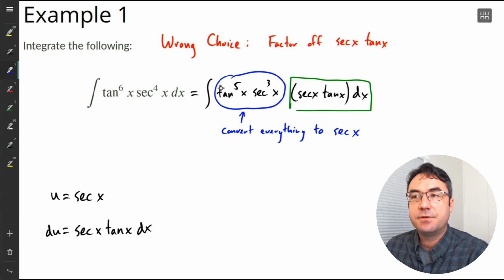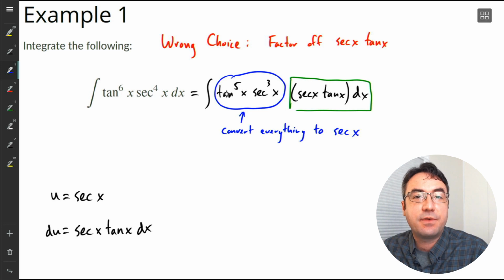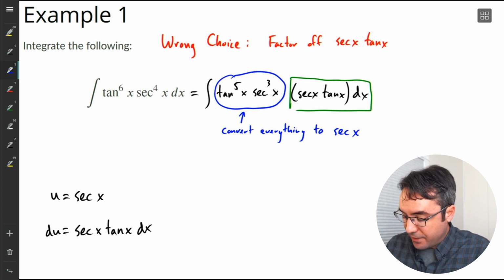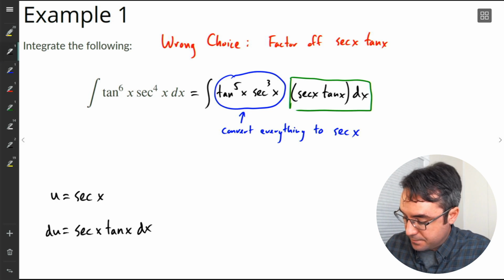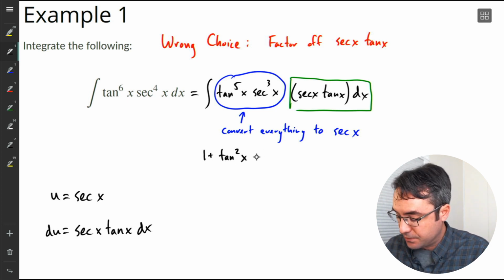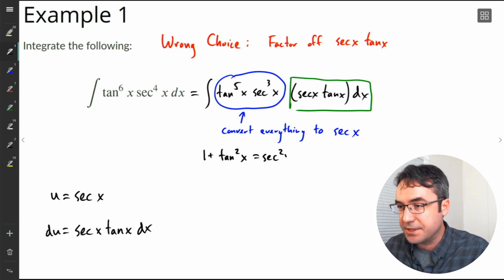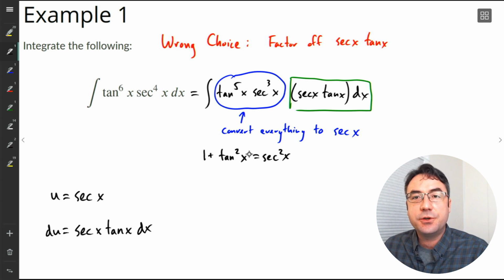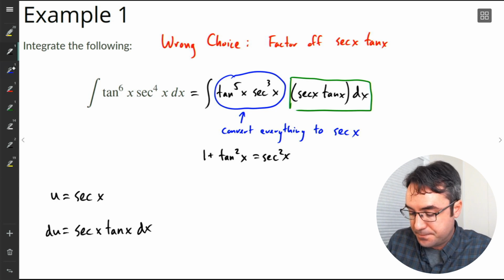But that means we have to convert this tangent raised to the power 5. And we have our trig identity that says 1 plus tangent squared is equal to secant squared. But the issue is this only works if we're converting between even powers of tangent and secant.